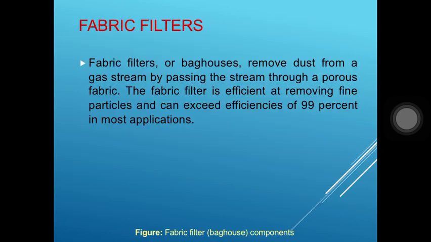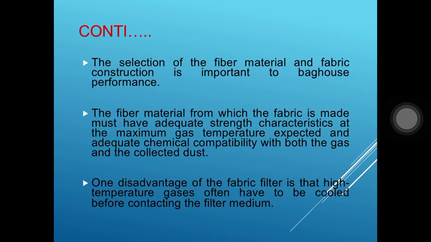Next equipment is fabric filters. Fabric filters or baghouses remove dust from a gas stream by passing the stream through porous fabrics. The fabric filter is efficient at removing fine particles and can exceed efficiencies of 99% in most applications. The selection of the fiber material and fabric construction is important to baghouse performance.